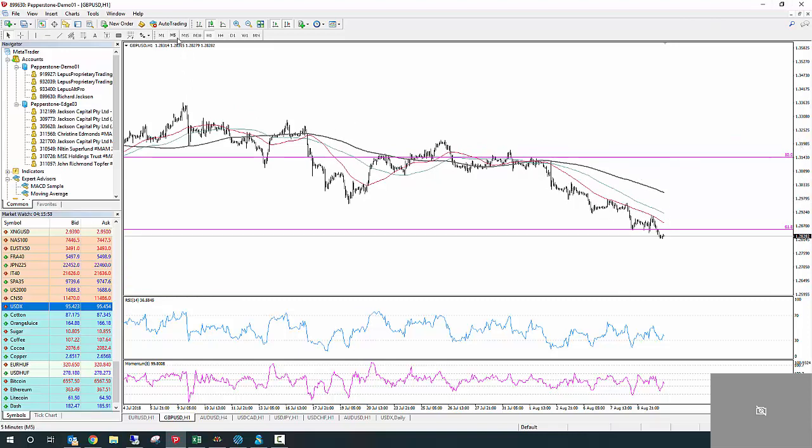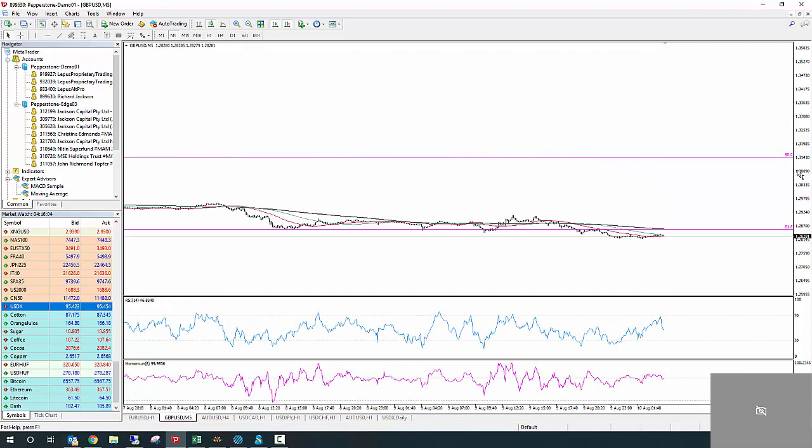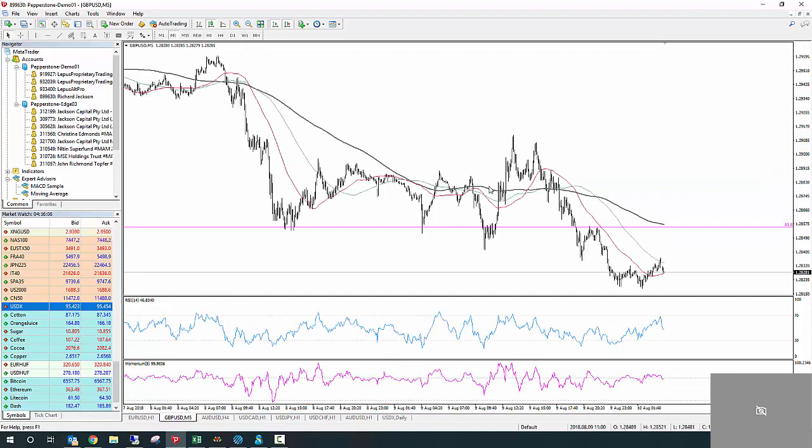So let's have a look at a nice pattern that formed yesterday. Let's go down to the 5-minute chart. I just want to point out that here was the double bottom. One bottom here on the 5-minute chart, and there's another bottom in here. Let me draw in the legs of what we're doing.